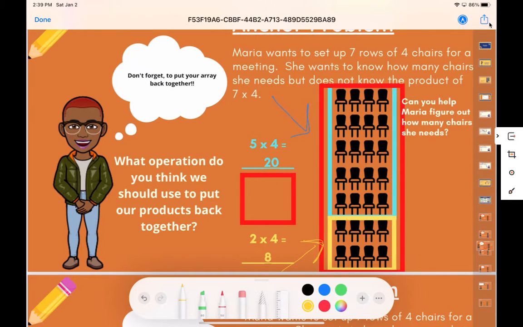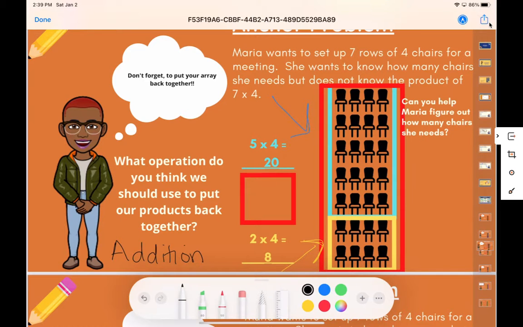Write your response on the Nearpod. I hope you said that we're going to use addition. If we are finding the sum, it means that we are going to add.